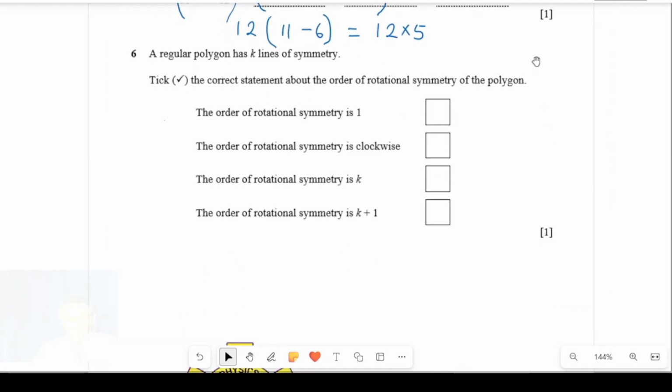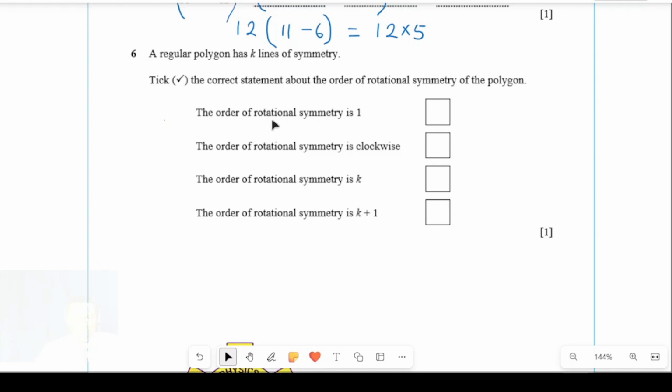So let's go to number 6. I'm trying not to give too much explanation so that the video timing will not be too long. Okay, so we have a regular polygon with k lines of symmetry. Tick the correct statement about the order of rotational symmetry of the polygon.